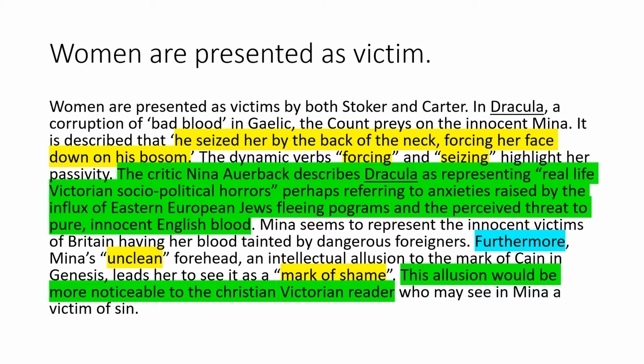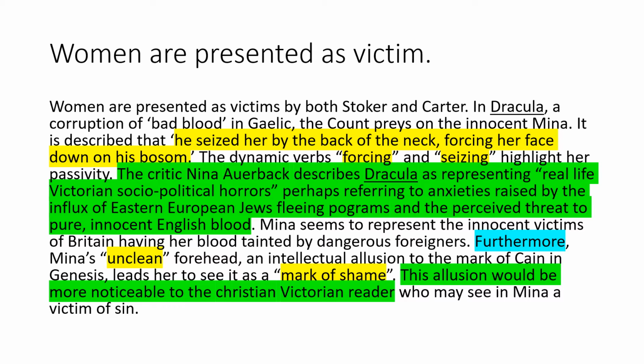For the purposes of this video, quotes are highlighted in yellow and critical contexts to explain are highlighted in green. Okay, so what we can see from this opening paragraph is that we're just focusing on the character of Mina, and that's perfectly fine. Orley might talk about other characters in other paragraphs, but we're seeing how she's seen as a victim through the quotes, being forced face down on his bosom.